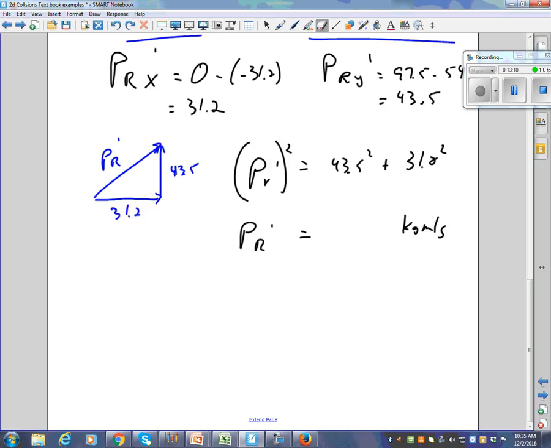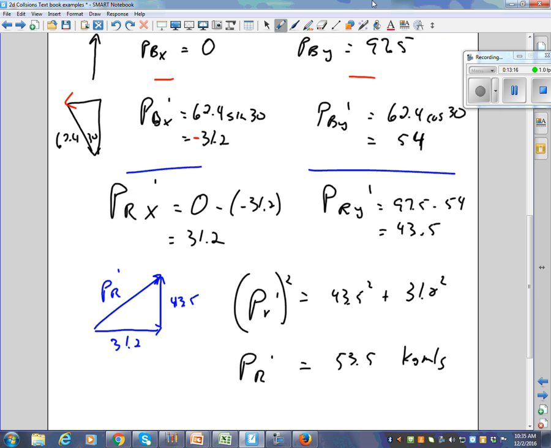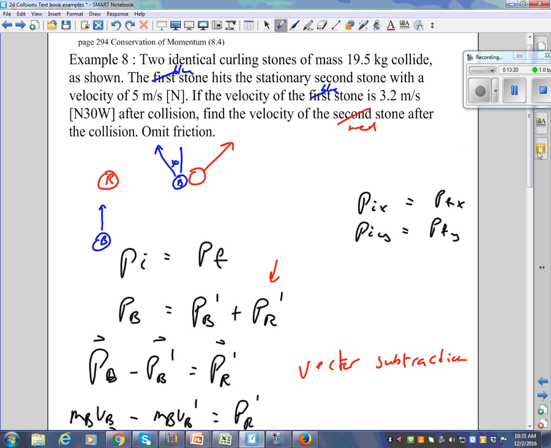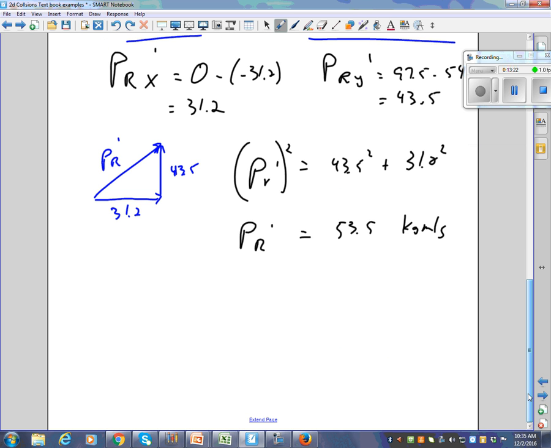Say again? We do. Because let's look back and actually see what the question says. The question says, find the velocity of the second stone, right? So what do I have to do? I not only need the magnitude, I need the angle. Should we do the angle now? We got to do it eventually. Yep. Opposite over adjacent. 43.5 over 31.2.